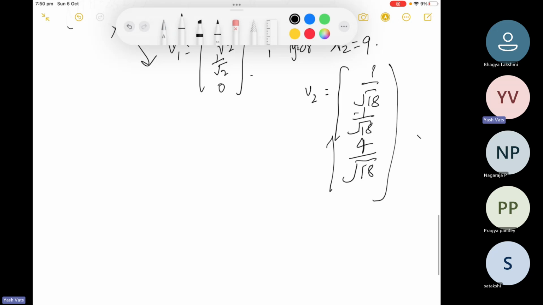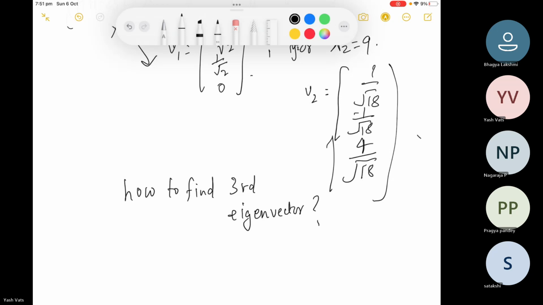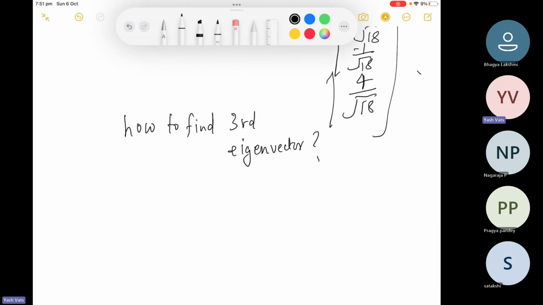Okay, so how to find the third eigenvector? Basically, you need to use the property that v1 transpose v3 is 0 and v2 transpose v3 is 0.